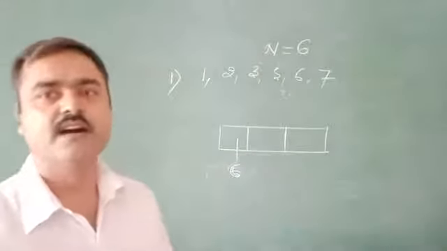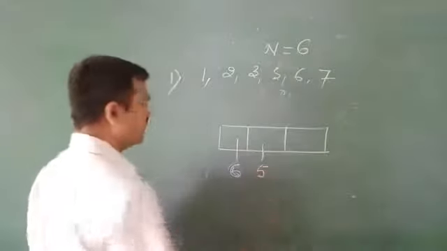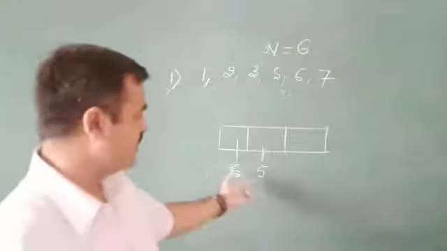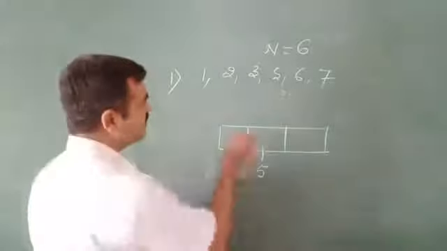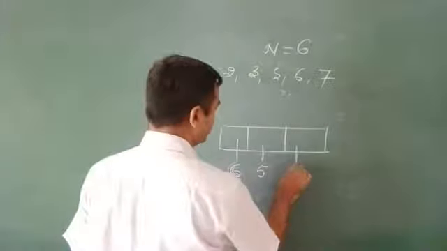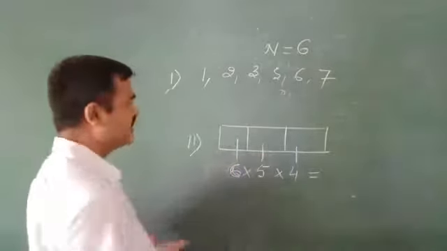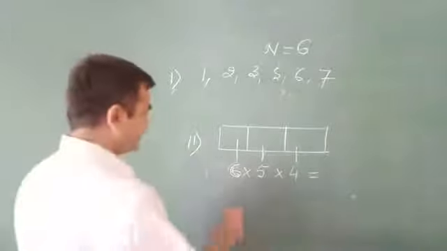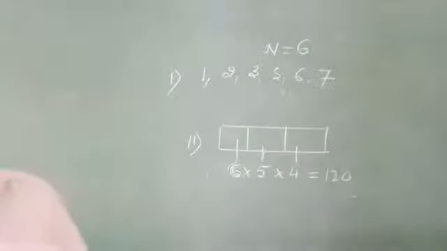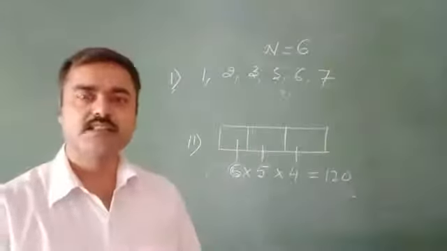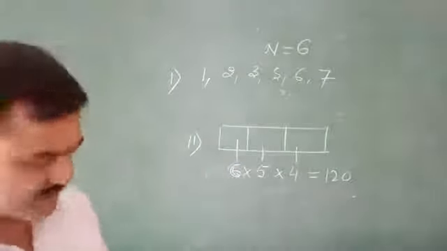So the remaining are 5, and out of 5 any 1 digit can be placed here in 5 ways. Now 2 are already fixed, so 4 digits are remaining, and out of 4 any 1 can be placed here in 4 ways. So 6 fives are 30, 30 fours are 120. This is the right answer: 120 three-digit numbers can be obtained if repetition is not allowed.